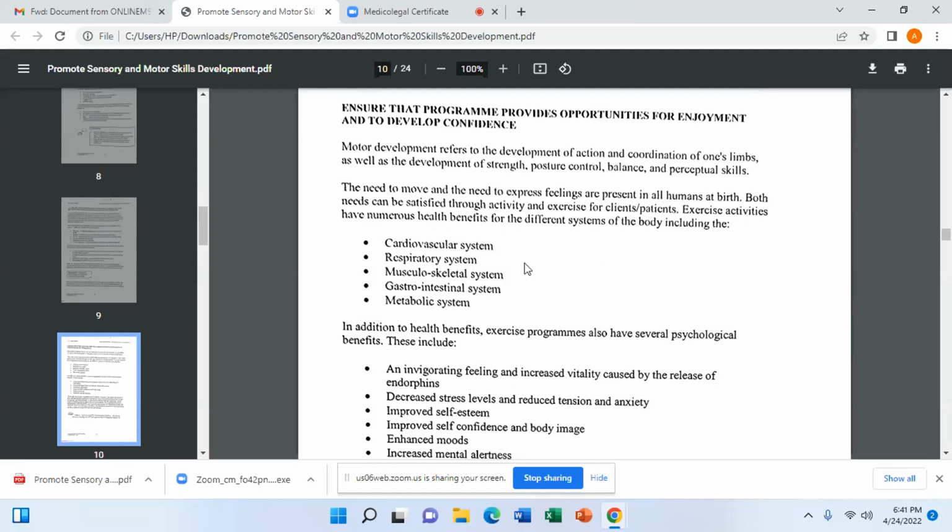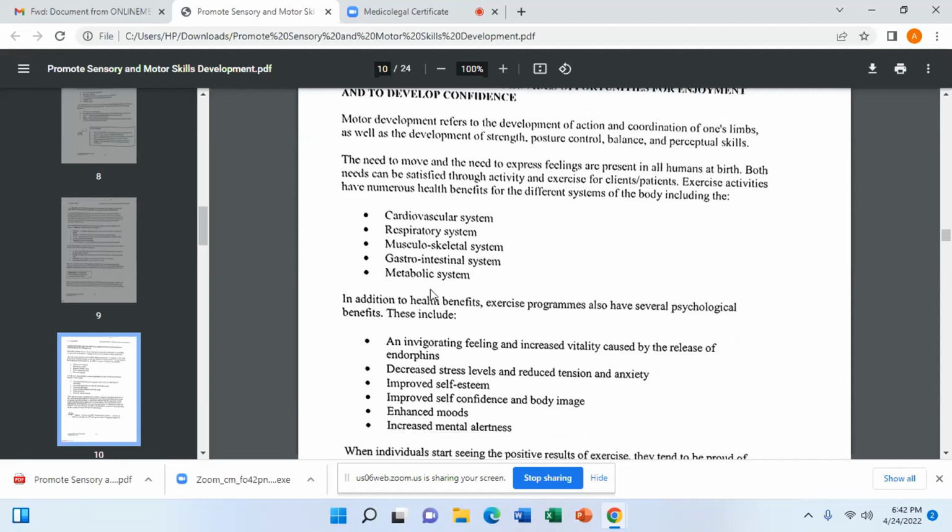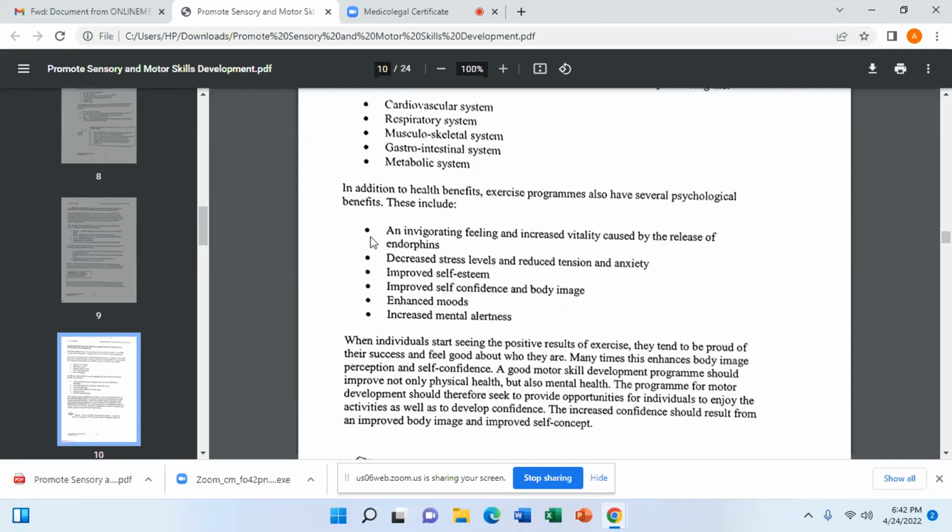And that is all because what happens with these activities is that you're aiming to assist with improving the patient without medication, right? Just like motor development, where you're trying to develop strength, the posture of the person, the balance, and the perception, in the same way when you do that, you're trying to improve the heart, the lungs, the muscles, the intestine, and the blood, right?